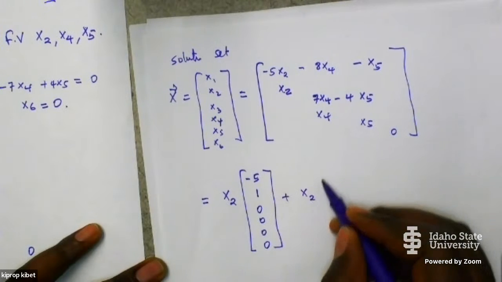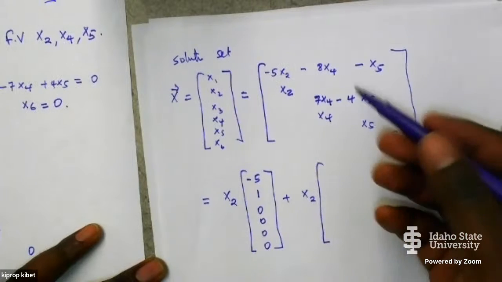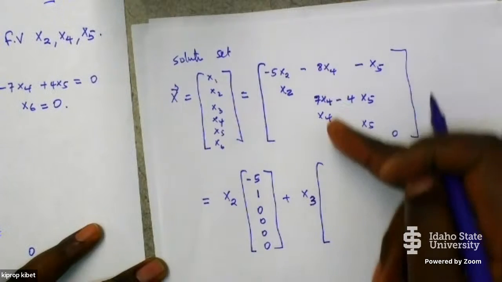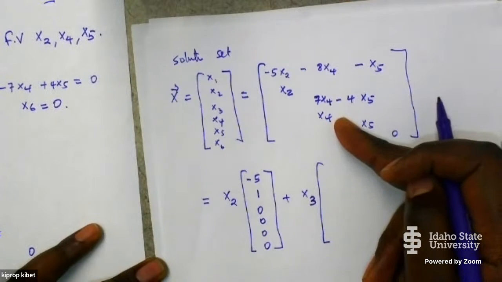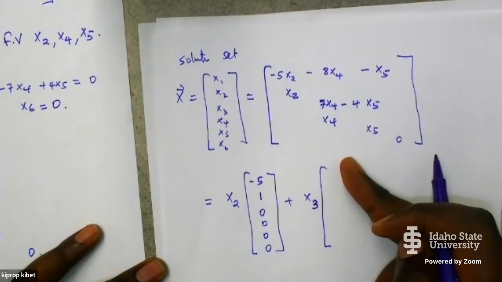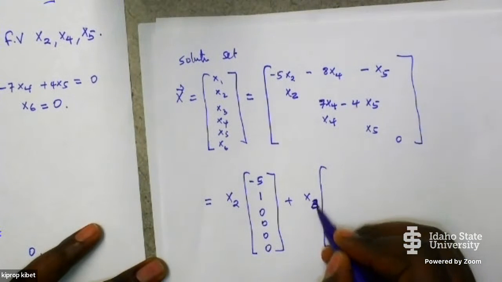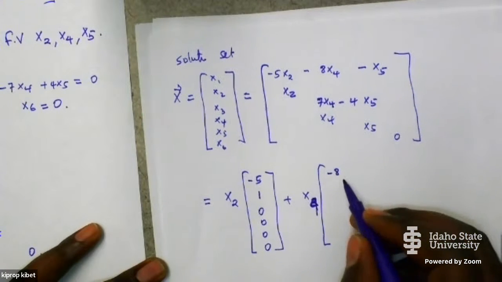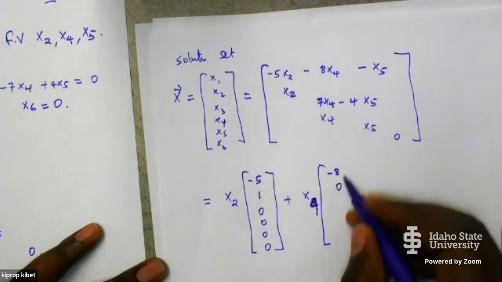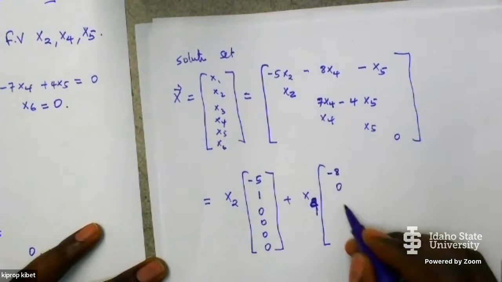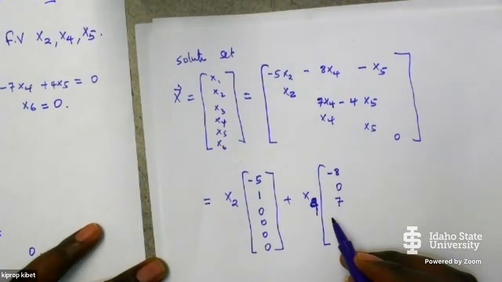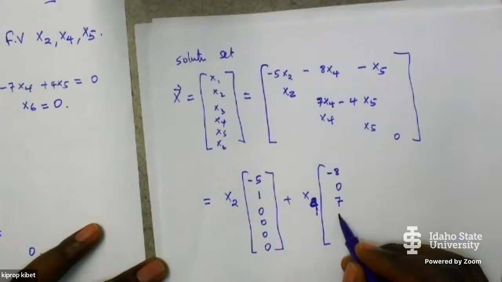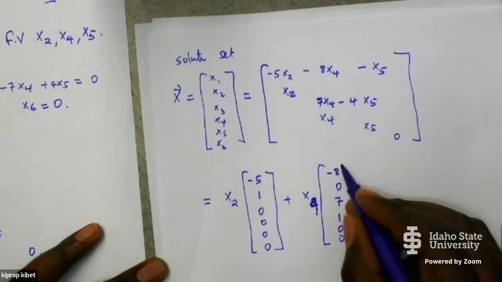Plus our x4, which we factor out: it is -8, then 0, then 7, then 1, and the others are 0, 0.